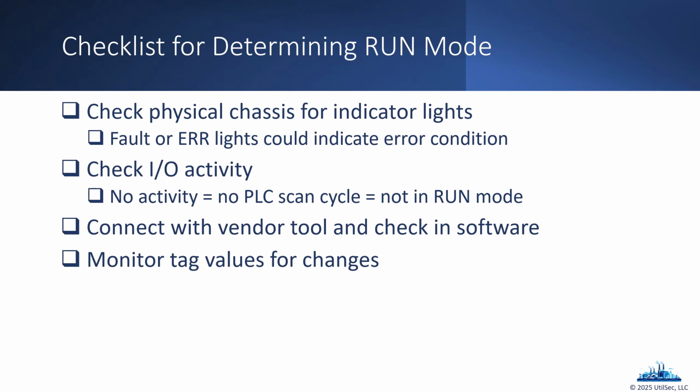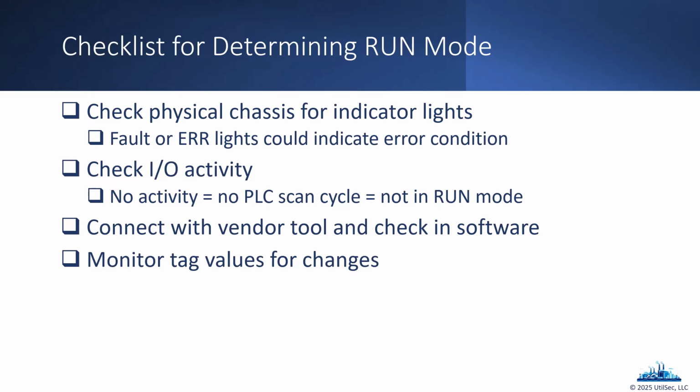And other lights indicate some type of error condition, right? You can see whether we have any IO activity. Do we have data or signals coming in the inputs, as if we have data coming in from sensors, or are we sending signals on outputs to equipment out in the field?